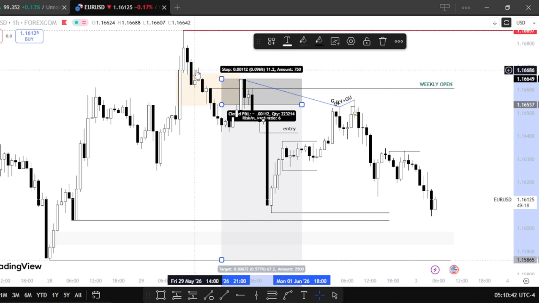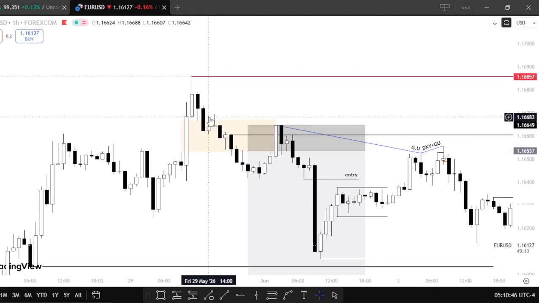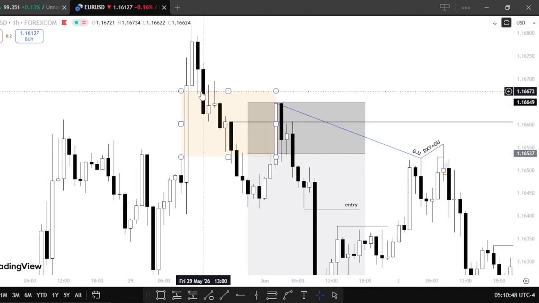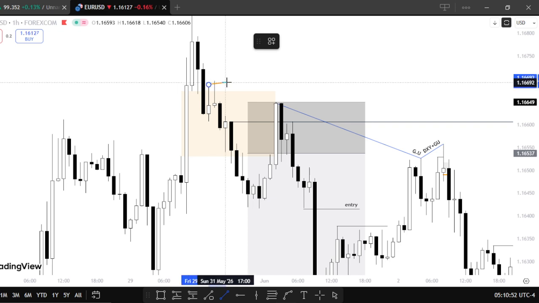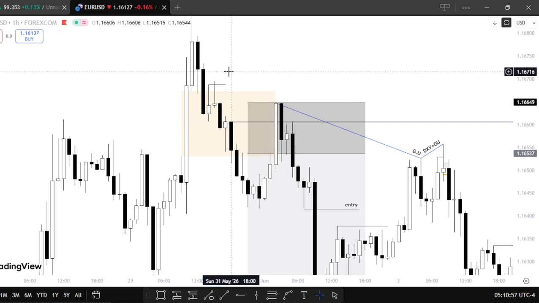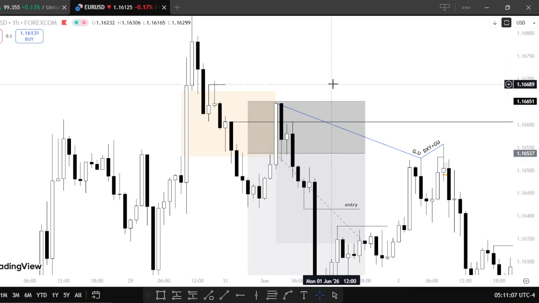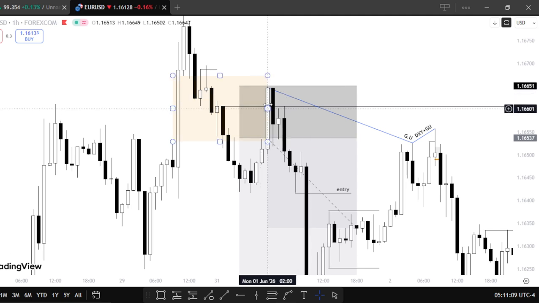And since we took a stop from this high here and reversed here, that means we trade the maximum in this, and this is the stop. So I just got stopped here.